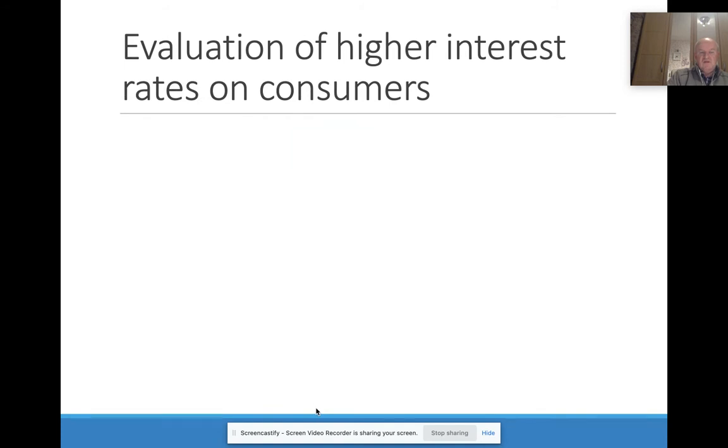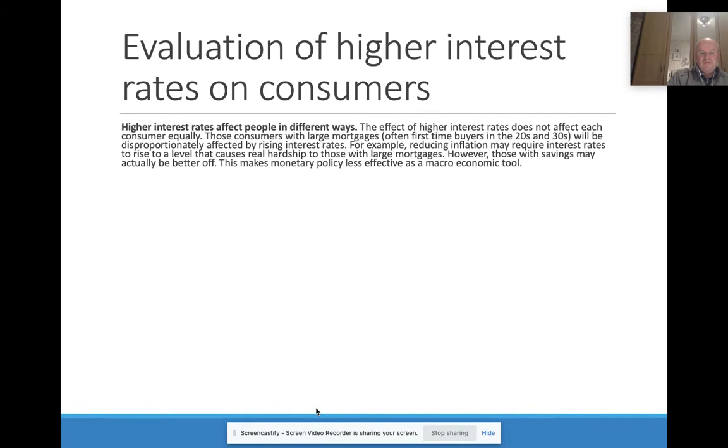So let's have a look at the evaluation of higher interest rates on consumers. Clearly it's going to affect people in different ways, and higher interest rates aren't going to affect every consumer in an equal way. Anybody that's got a large mortgage, and often those tend to be first-time buyers, people who have just got on the property ladder, are going to be disproportionately affected by higher interest rates.